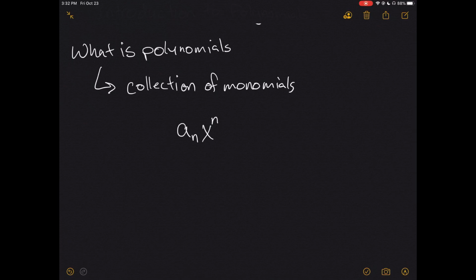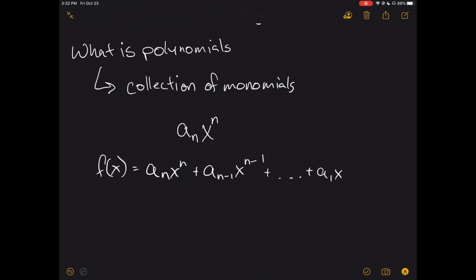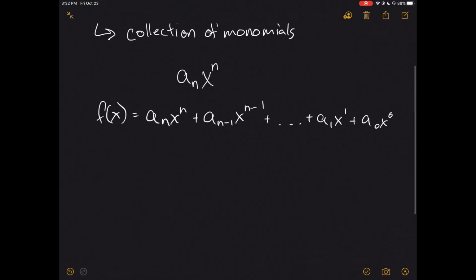Okay, and so a polynomial is a string of those in descending order of powers. So I start at x to the n, and then I go to x to the n minus 1, and so on and so forth, all the way down to x to the first, and then x to the 0th, which we don't necessarily have to write, because anything to the 0th power is just going to be 1, so that's just our constant term on the end.